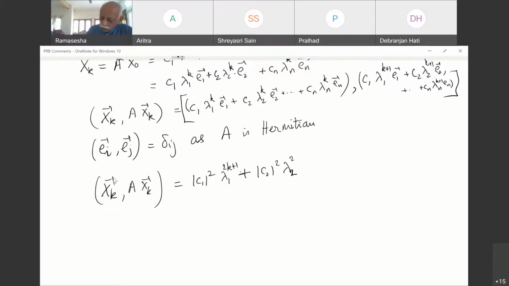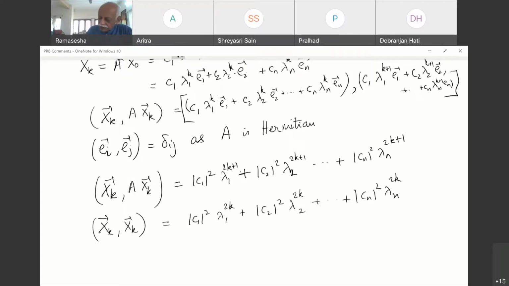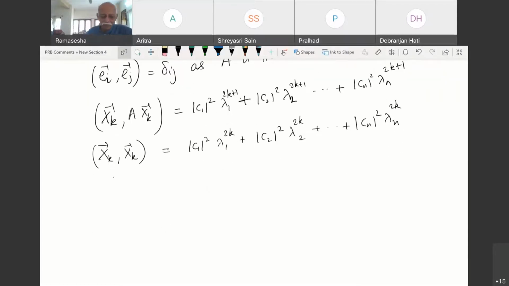What do I get for xk comma xk? This I'll get as modulus C1 squared lambda 1 to the power 2k plus modulus C2 squared lambda 2 to the power 2k plus etc. plus modulus Cn squared lambda n to the power 2k. Right? So now let us see.